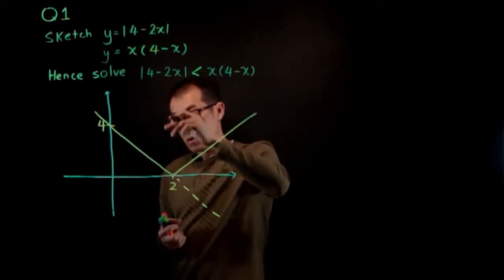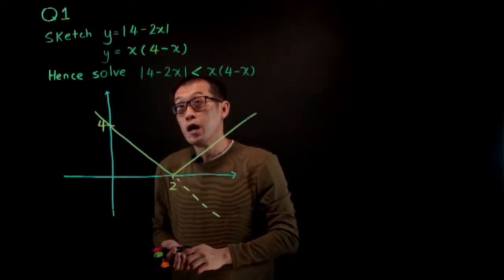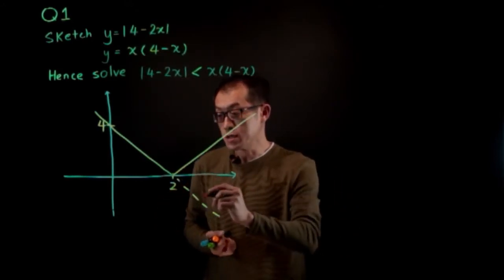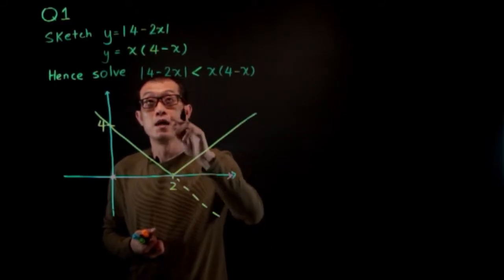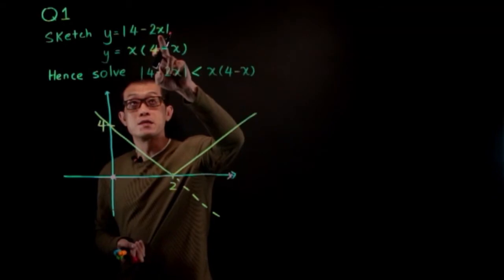Now, let's go ahead to draw the quadratic graph. It cuts the x-axis at 4 and 0. So this is a point here, and this is another one. Now, how about the maximum point?